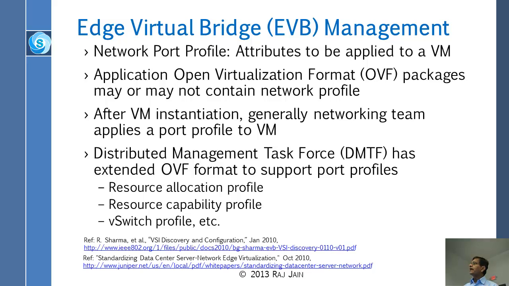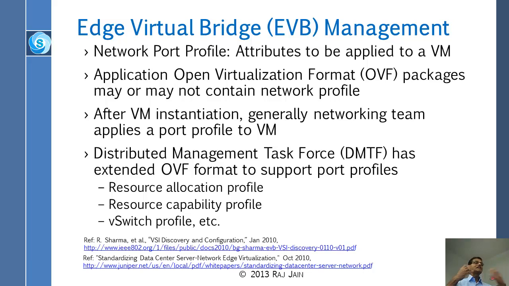And there is an OVF package. Now, you know what OVF is? Yes, virtual file system. That OVF, overlay virtual file system or something like that, package may or may not contain the profile. A VM is created from OVFs.